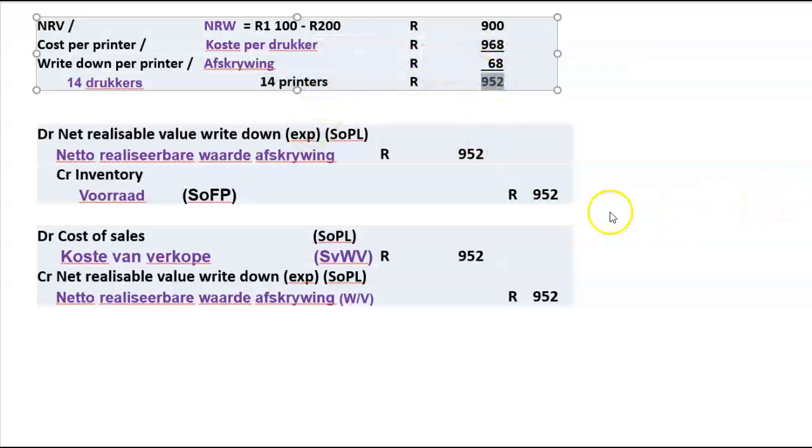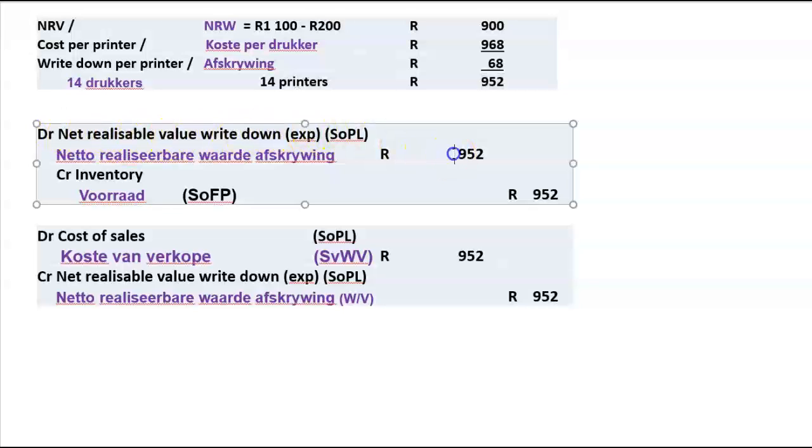The entries that we're going to pass in our books: we're going to debit a net realizable value write-down expense account with 952 Rand. We're going to credit our inventory account in the statement of financial position with 952 Rand. So we're physically going to write down our inventory at the end of the year by 952 Rand.